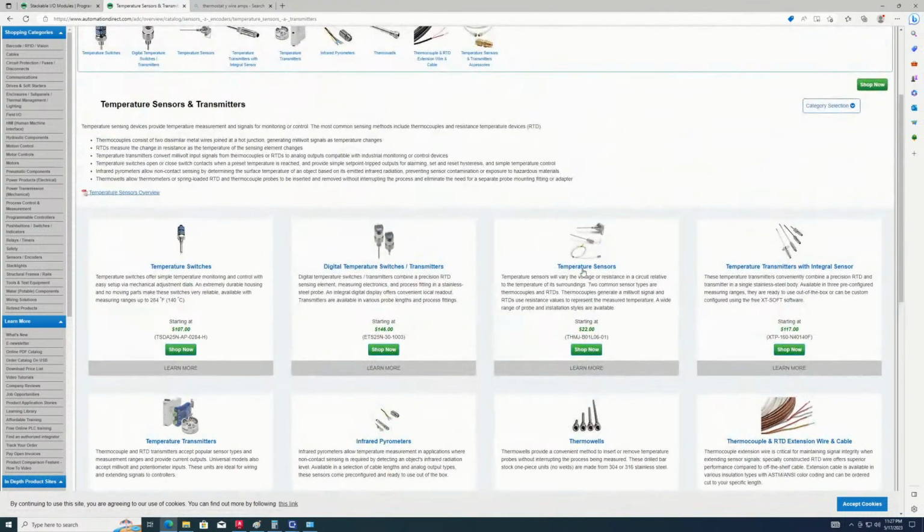Temperature transmitters, no. It might be a transducer. No, transducers measure pressure, right? I don't know. Thermocouples measure temperature. Yeah, that's what your temperature sensors would actually be under. It probably wouldn't call them thermocouples until you get lower. I don't need switches. I need actual temperature sensors, temperature transmitter with integral sensor. No.